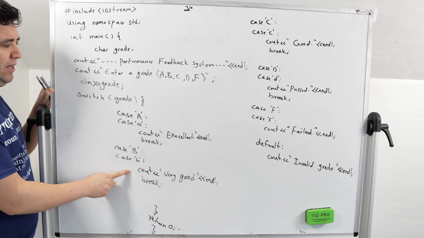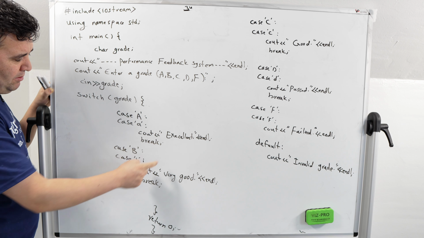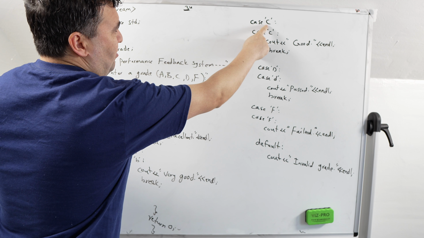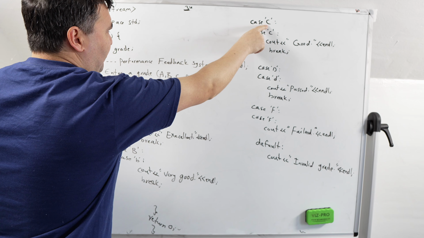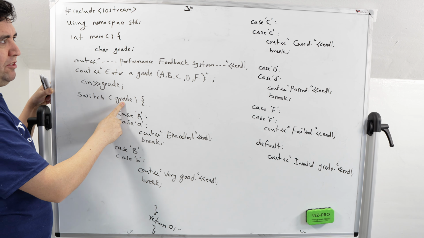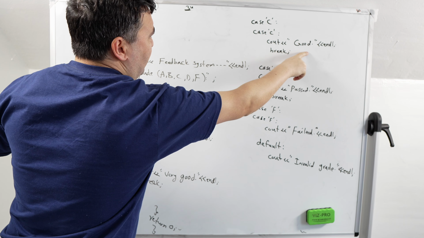When we compare, here we have C but here we have A, so this section will not be executed, and then this section will be executed because the value of this case is equal to the grade entered by the user, C. So C is equal to C, this section will be executed and it prints out good.